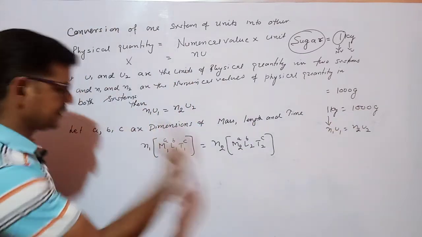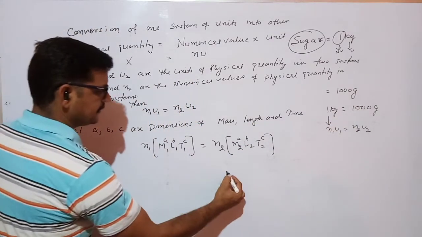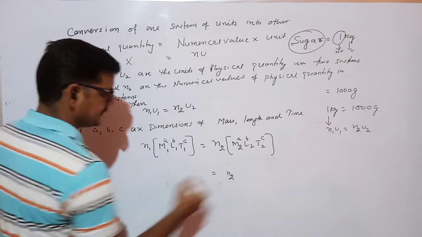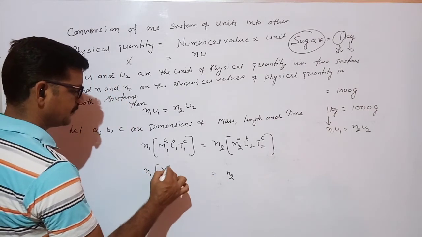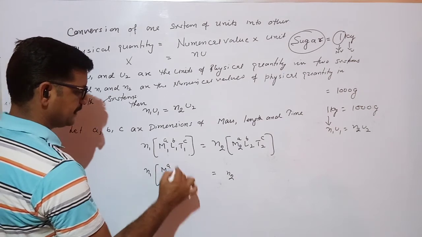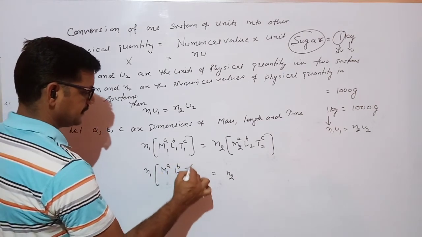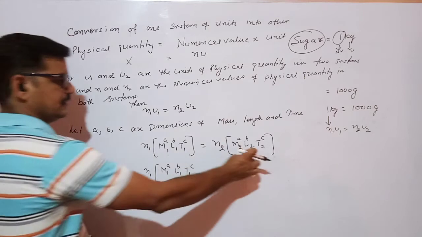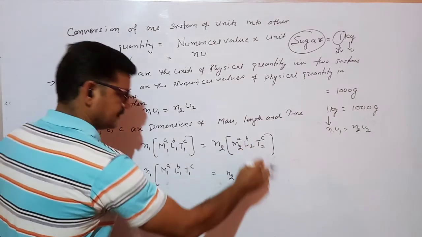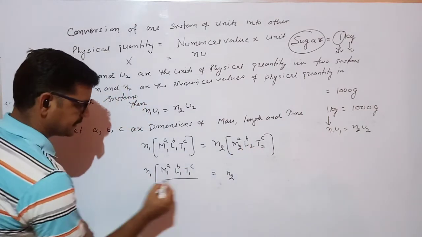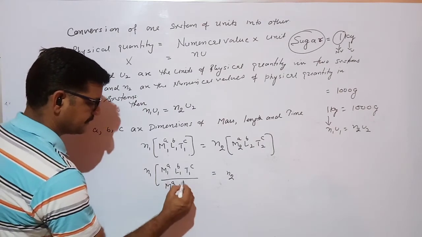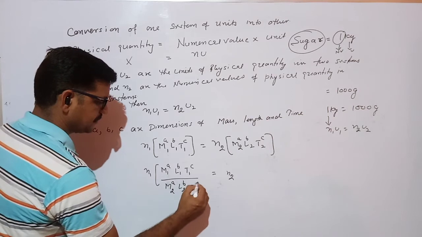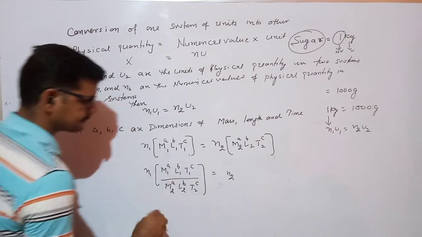So we can find the numerical value from here. N2 is equal to N1 times M1 power a, L1 power b and T1 power c, which will come here as a divide, upon M2 power a, L2 power b and T2 power c.